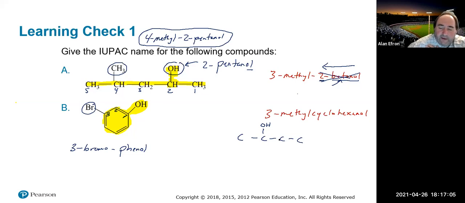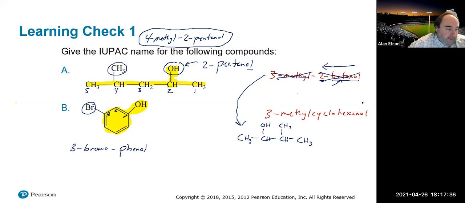Because I went left to right, carbon number 3 would be right next door, and that would have a methyl group. Just like we did with all the other stuff, everything else is going to be hydrogen to get everybody to 4 bonds. So he needs 3, he needs 1, he needs 1, and he needs 3. And there you go, that would be this structure. Any questions on that particular one?